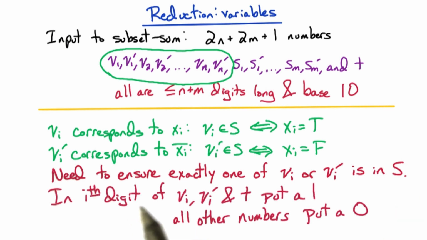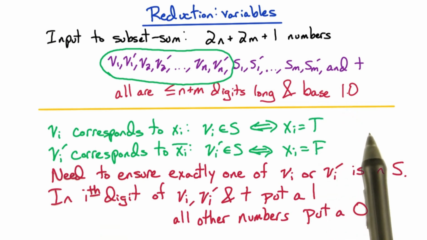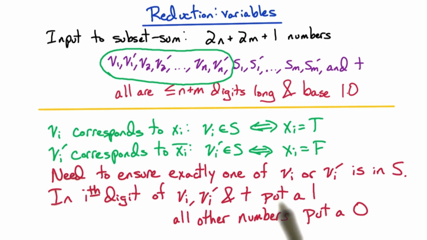How do we achieve this? Well, in the ith digit of these three numbers, vi, vi prime, and t, we put a 1. In all other numbers, we put a 0 in the ith digit. Now, by using base 10, we'll ensure that there's no carries between the digits, so each digit is going to behave independently of each other.